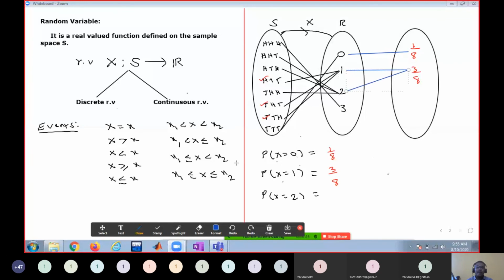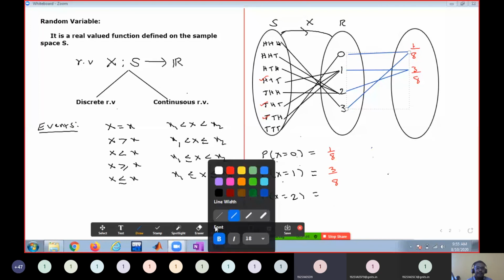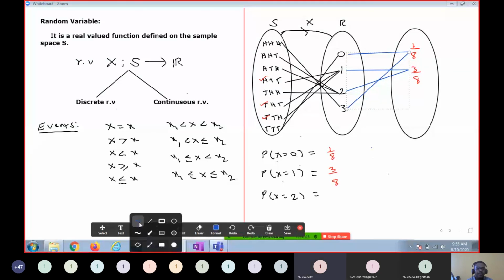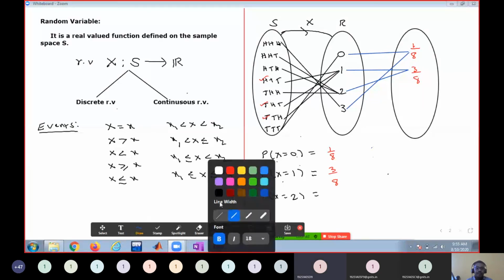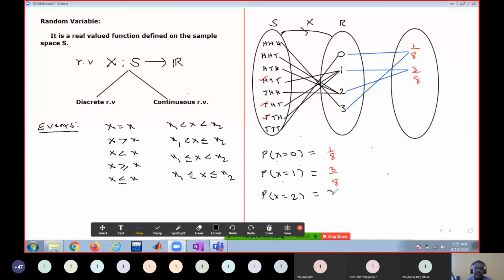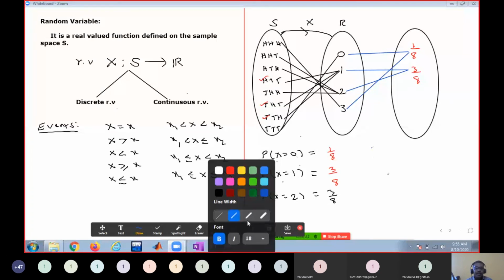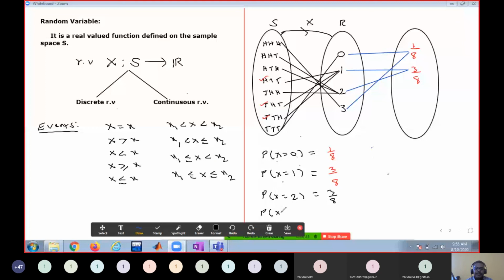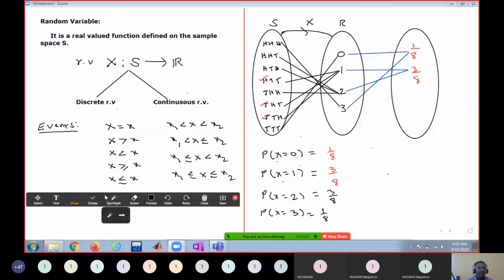Now what is the last probability? Probability that there are exactly 3 heads is 1 by 8. So the probability for 2 heads is 3 by 8, and for exactly 3 heads is 1 by 8. All these things can be written in the form of a table.